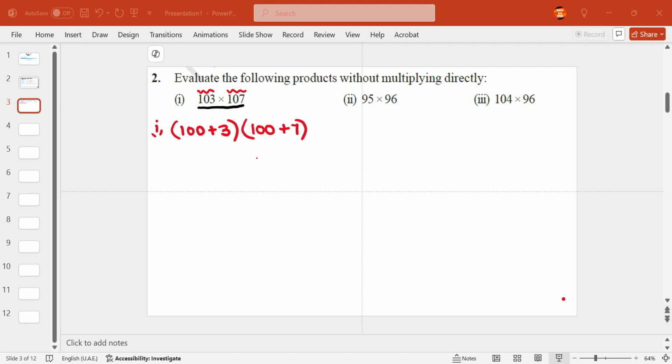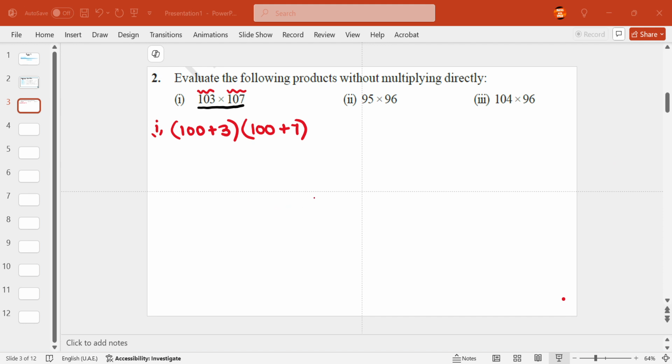So now let us substitute: in place of x, 100 whole square, plus (a plus b), where a is minus 5 and b is minus 4, times x, which is 100, plus a times b, that is minus 5 times minus 4. So that equals, what is 100 square?